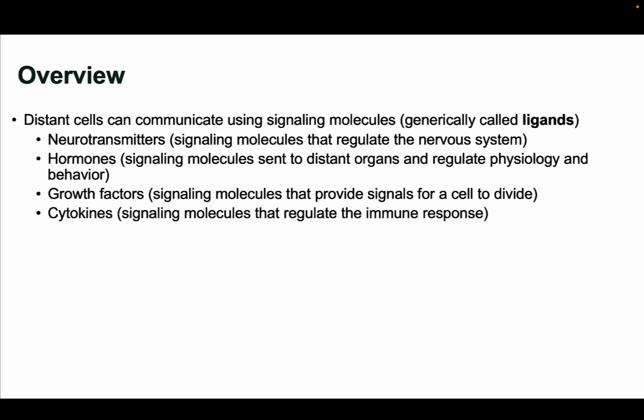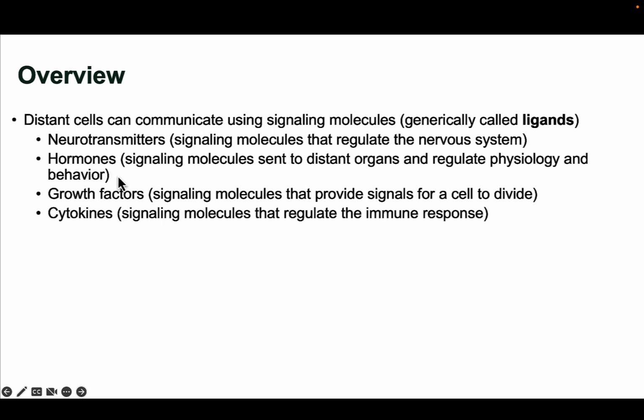So distant cells communicate, as I just said, by using signaling molecules. And sometimes signaling molecules are generically called ligands. So sometimes I may be referring to a signaling molecule and use the word ligand. Different groups of signaling molecules include neurotransmitters. These are signaling molecules that regulate the nervous system.